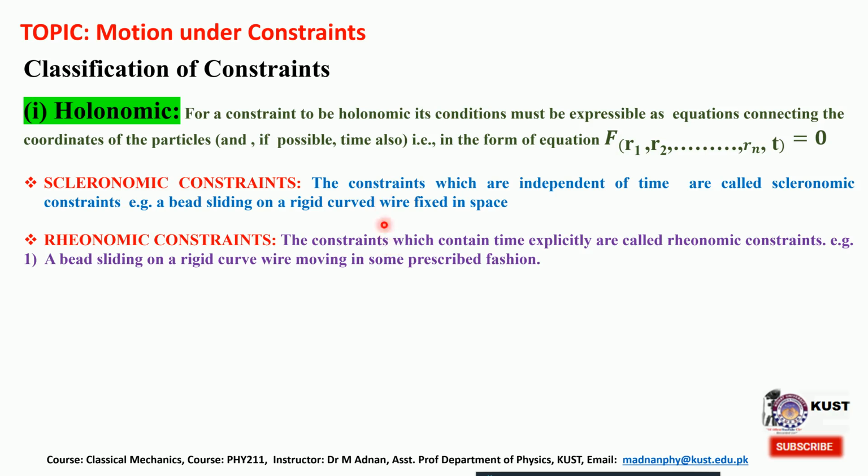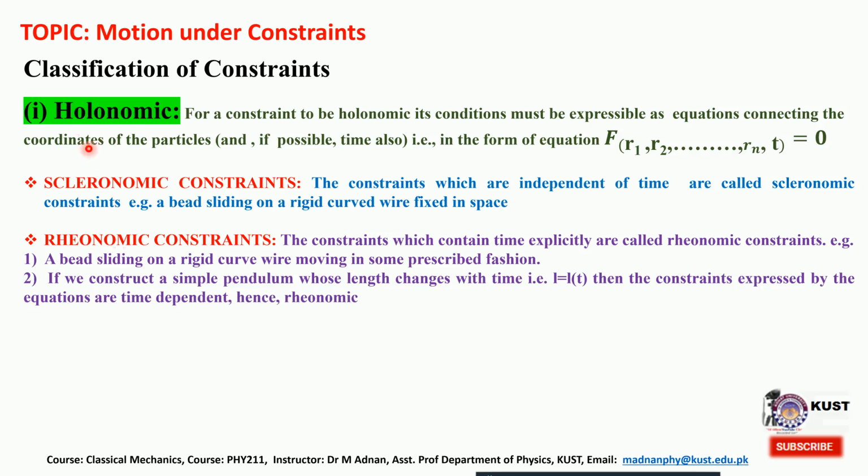In this lecture we'll be covering both of these situations, that is, a bead sliding on a curve fixed in space, and also a moving wire. So one is the scleronomic and the other one is the rheonomic constraint.